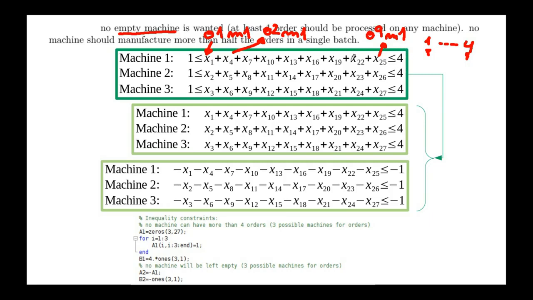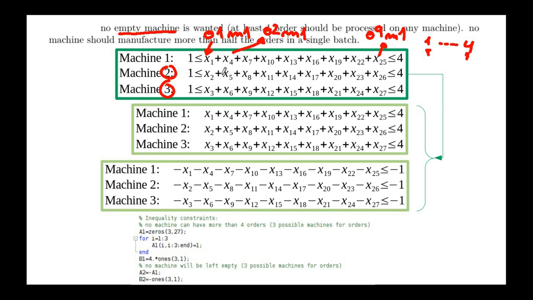Why? Because a maximum of 4 orders must be processed by machine number 1. The same goes for machine number 2 and machine number 3. As you can see here, all the indices are moved only one position. Can you see here? One position.